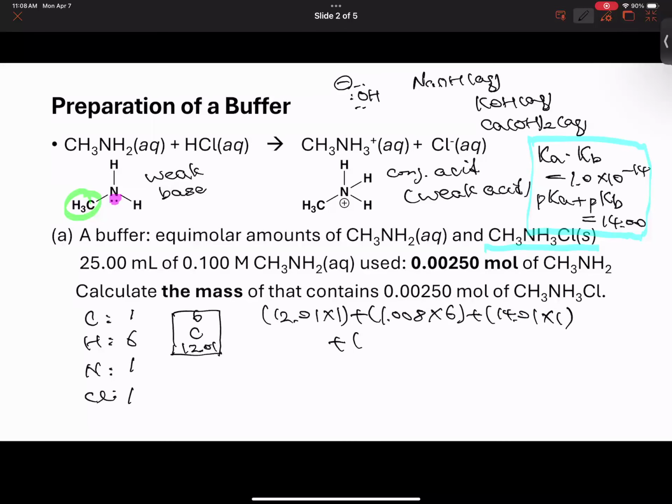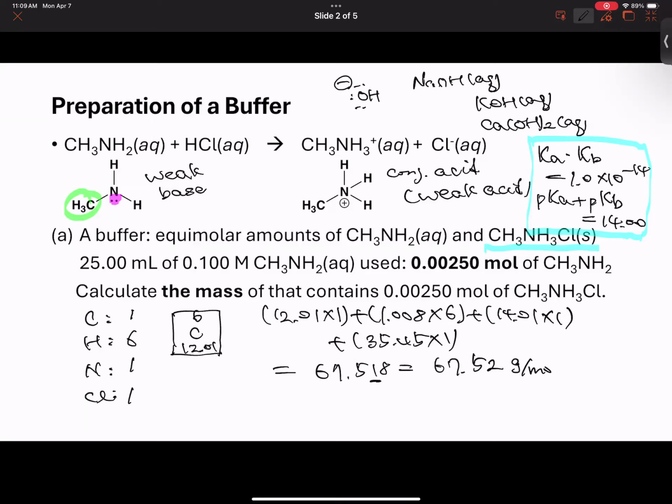Among halogens, chlorine is the most frequently used. This one is 35.45 AMU. We have 1 of them. So when you add up, it is 67.518 AMU.